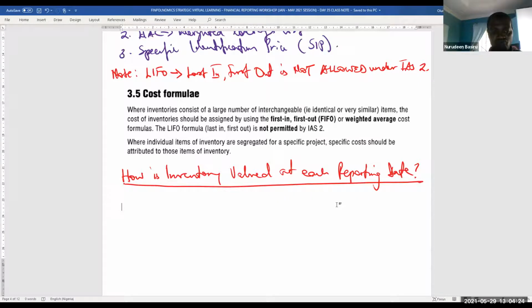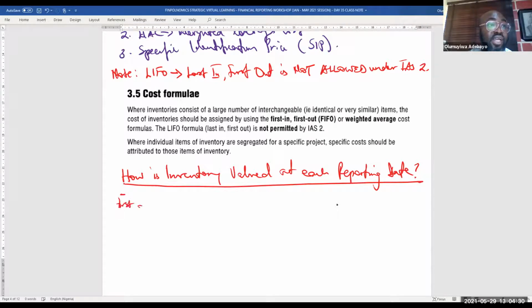Okay. Now, which then signifies that inventory should be valued first at cost.